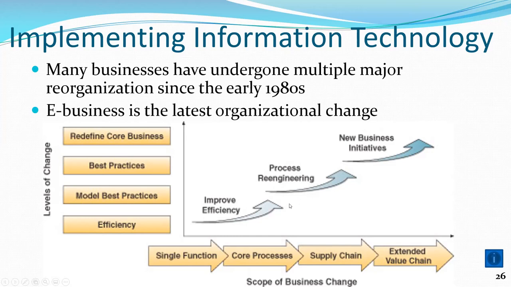The earlier diagram and this diagram explain a similar thing, where you can go into different levels of improvement with technology, where you can think of the scope changes as well as the level of change, and your activities also change, where we go into new business initiatives, which I explained earlier as paradigm shift.